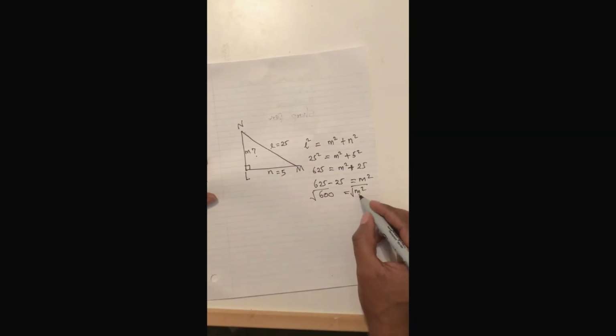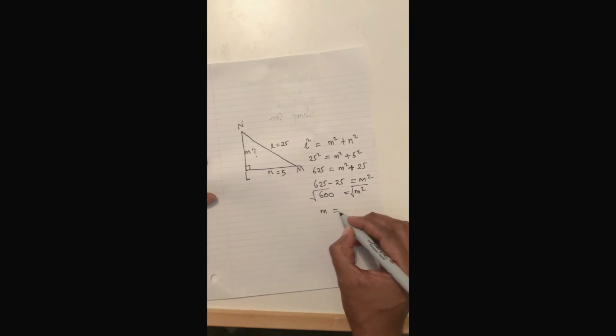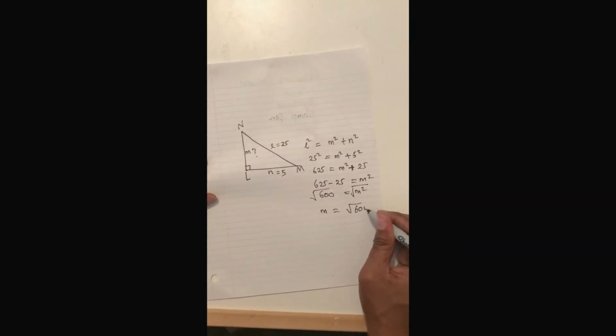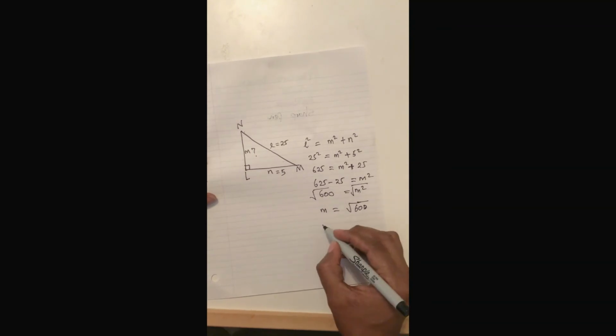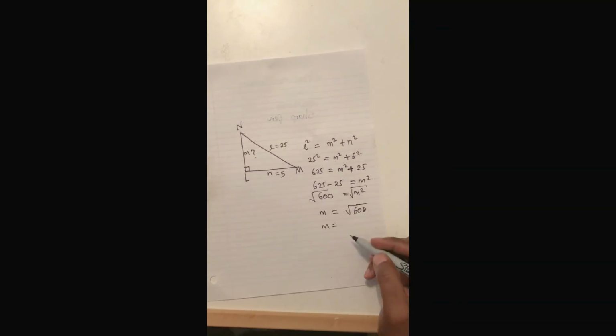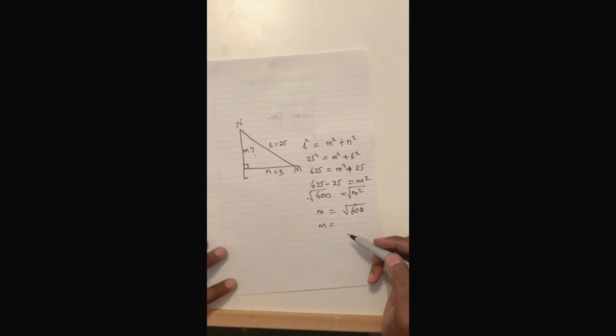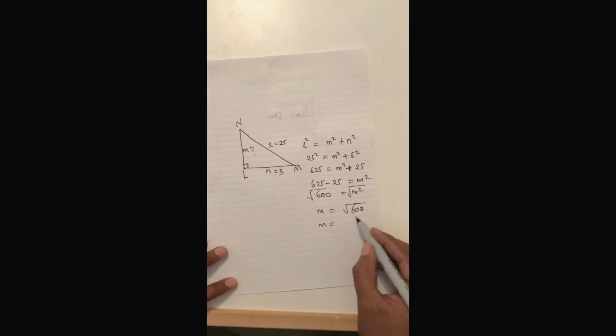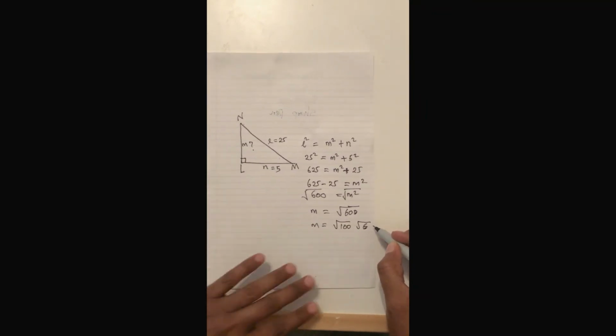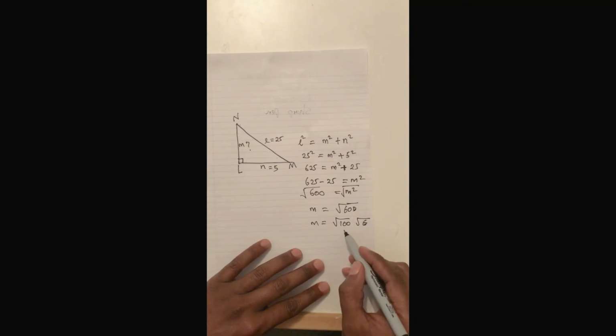So that gives you m is equal to the square root of 600, which can be written as, I'm taking just the positive number as we explained in the previous example, that the dimension of the triangle must be a positive number. So we can write this as square root of 100 times square root of 6, which gives you, square root of 100 is 10, then root 6.